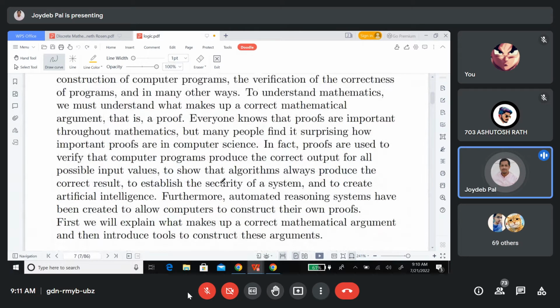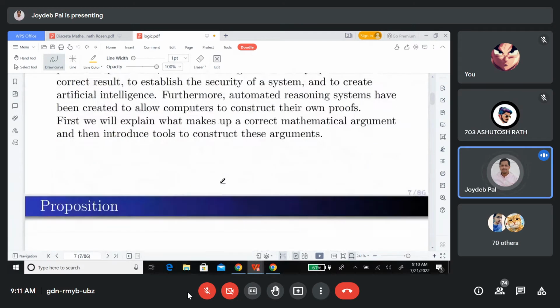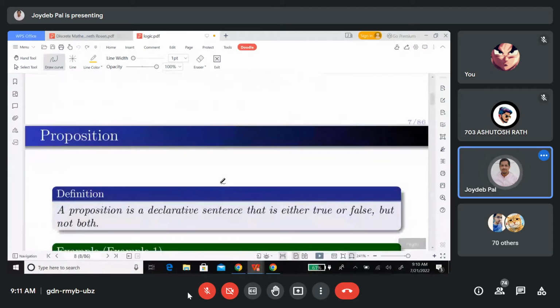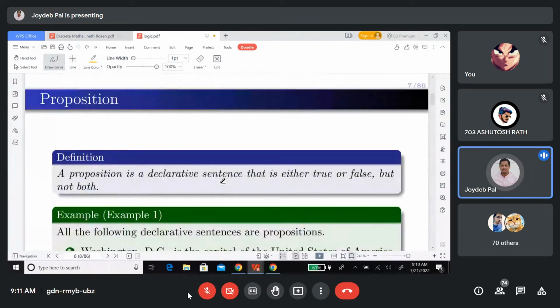Okay, now I am directly coming to the main content. The logic chapter starts from proposition. All of you know that to construct a house, what are the basic things we require? That is brick, right?